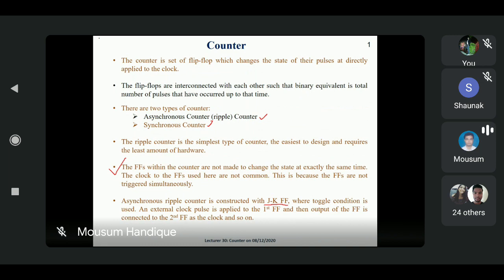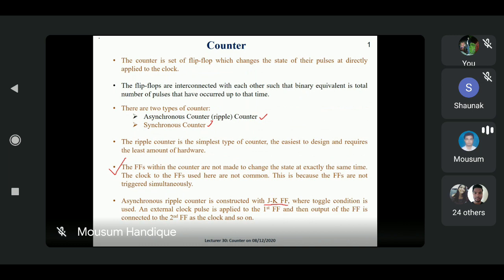Synchronous counters are clocked such that every flip-flop in the counter is triggered at the same time. This is accomplished by connecting the clock line to each stage of the counter.